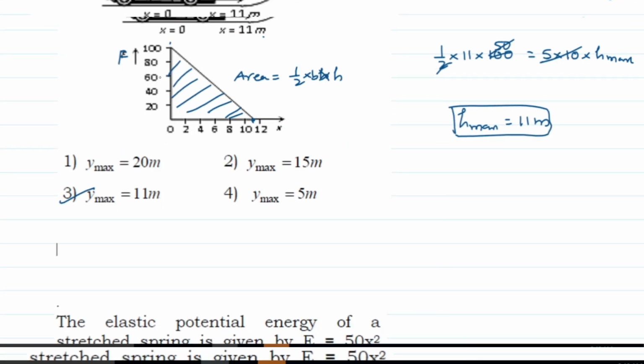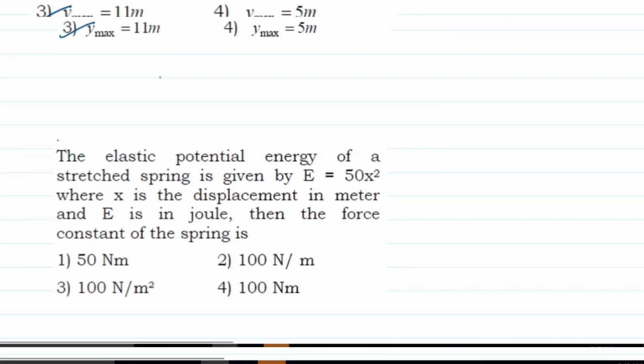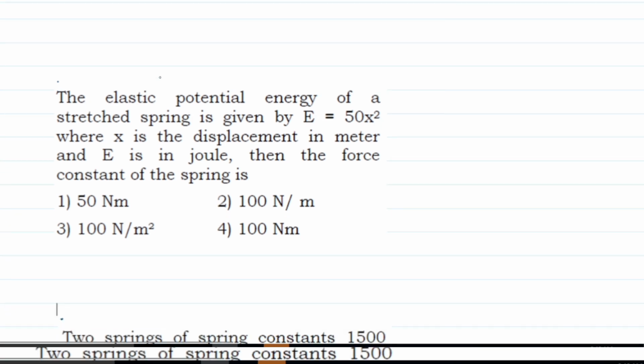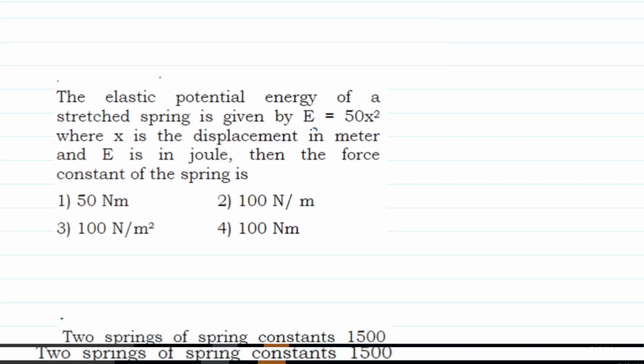Now let us see the next question. The elastic potential energy of a stretched spring is given by E equal to 50x square, where x is the displacement in meters and E is in joules. Then find the force constant of the spring. The basic formula for the elastic potential energy stored in the spring is half into k into x square, where k is the spring constant and x is the elongation or compression in the spring.